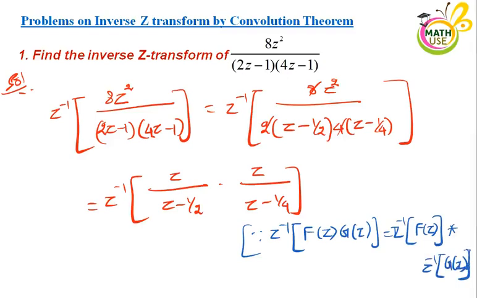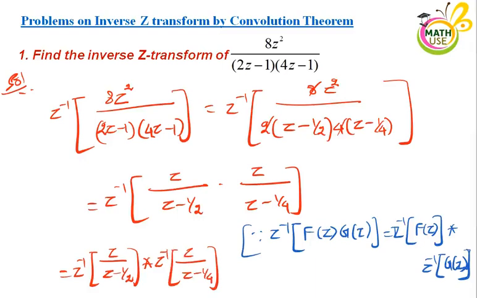So by applying the convolution theorem here, we can write Z inverse of Z by (Z minus 1 by 2) star Z inverse of Z by (Z minus 1 by 4).